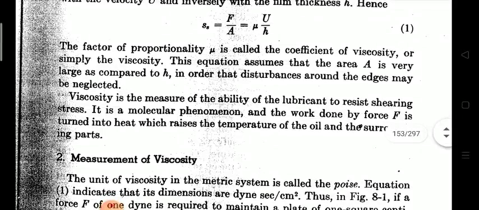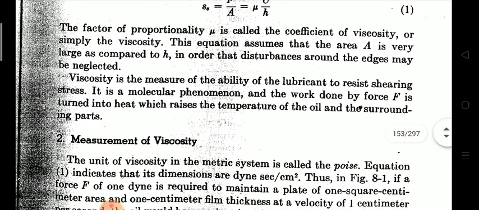Viscosity is a measure of the ability of a lubricant to resist shearing stress, right? What is viscosity? Viscosity is the property of a viscous element like a fluid element, in which shear stress is produced between two layers, right?